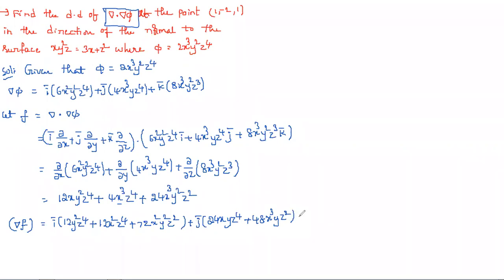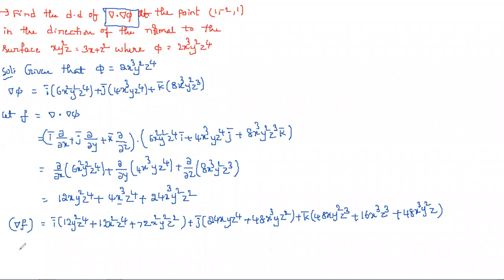Now coming to the k coefficient, with respect to z we get 48 x y square z cube, and next here it is 16 x cube z cube, and next 24 into 2, that is 48 x cube y square z. So this is del f.